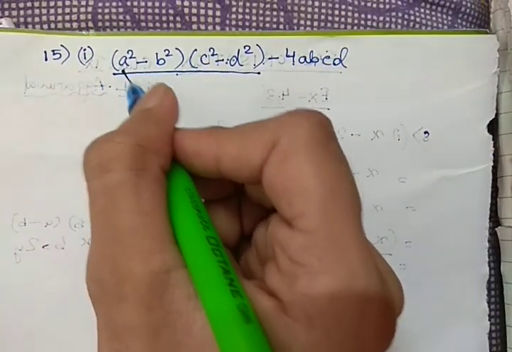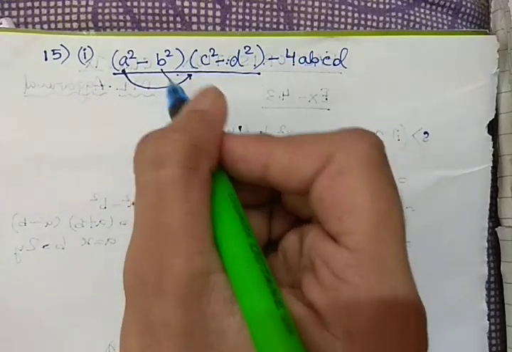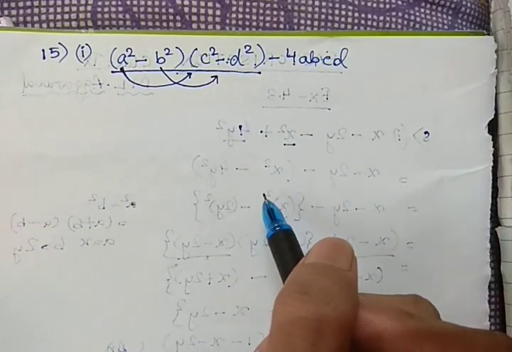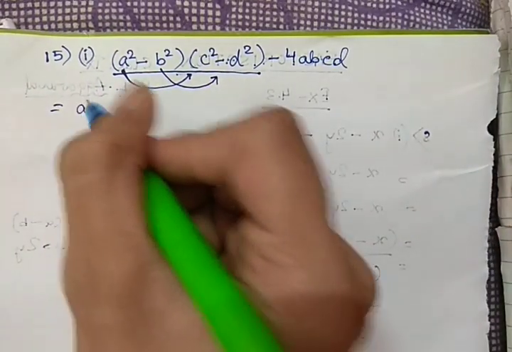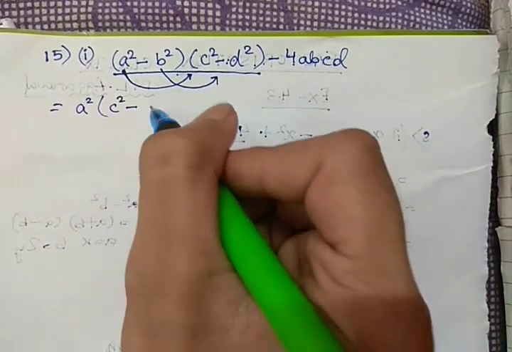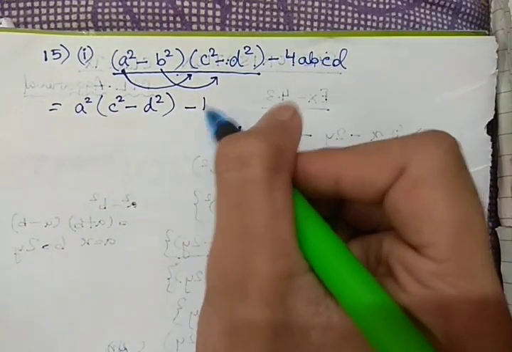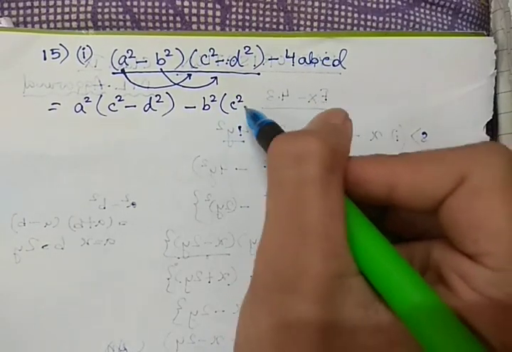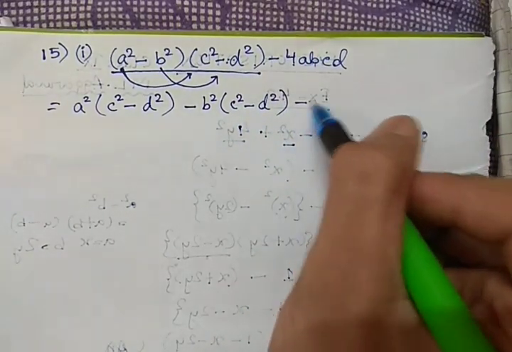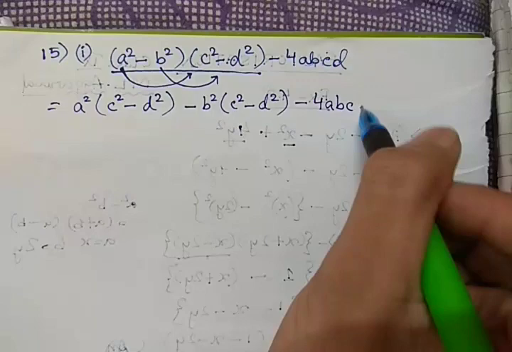Algebraic multiplication. a square is multiplied with this term and b square is multiplied with this term completely. So a square into (c square minus d square) minus b square into (c square minus d square) minus 4abcd.